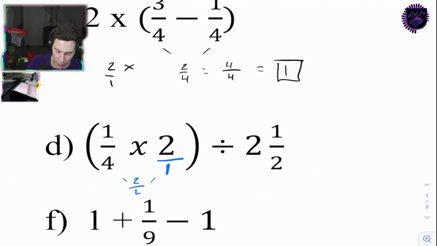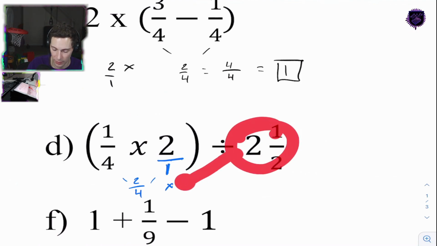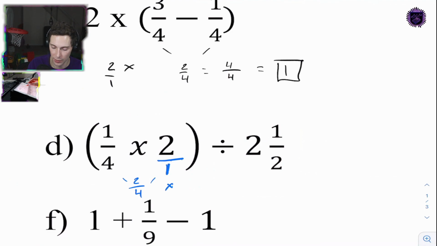which is going to be equal to 2 over 4. And then we're going to divide, which means we're going to multiply this number, not dividing it because we're going to keep flip change here. But first we have to go times 2, which is 4. So it's going to be times 5 halves, but we're going to flip that.